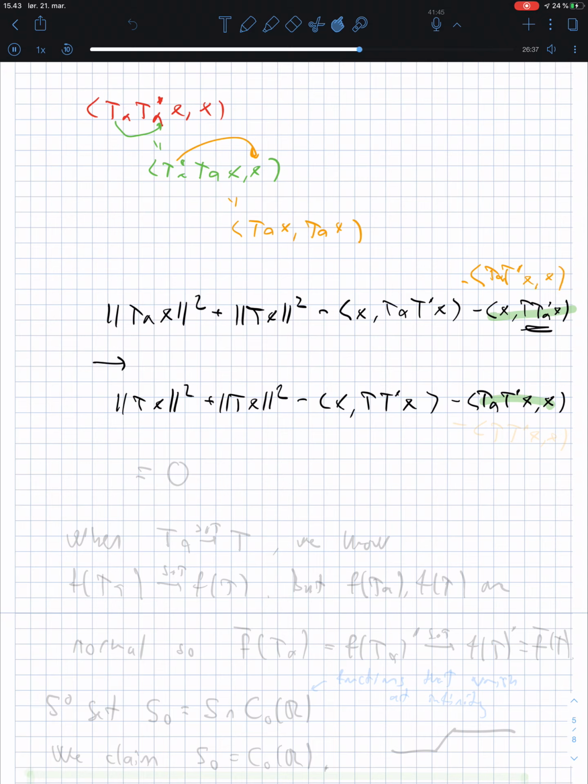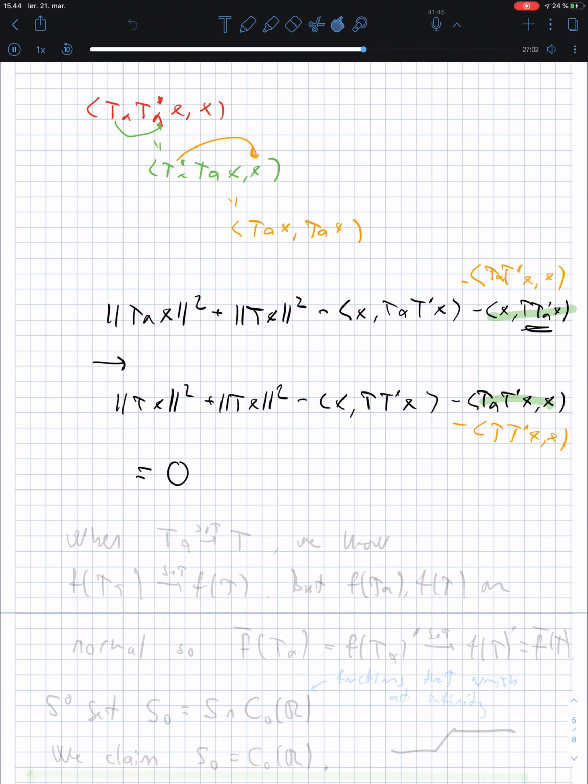Now when this converges, this goes to minus T star T x, x. So I have placed the terms in the wrong place. But then we see that these four terms are all the same. They are the length of the vector squared, so it all goes to 0.